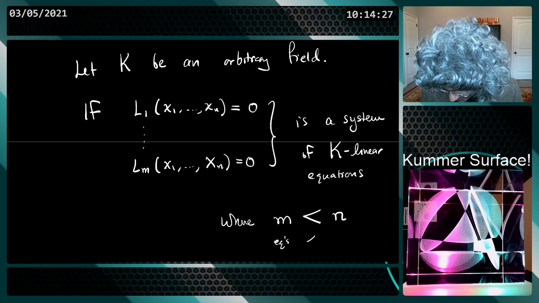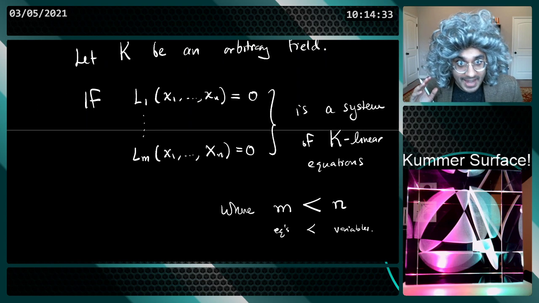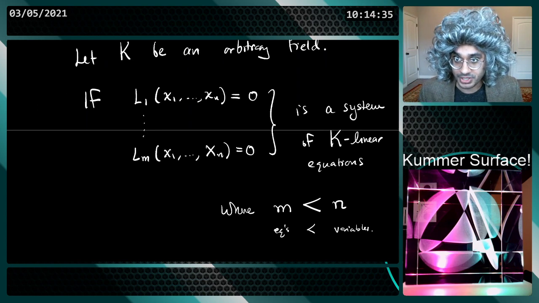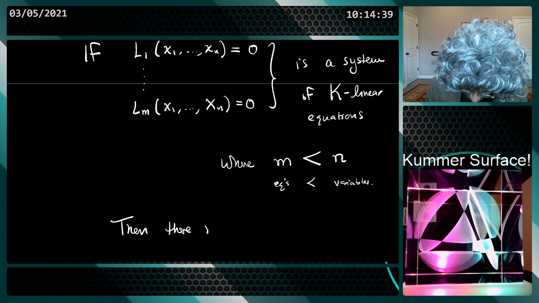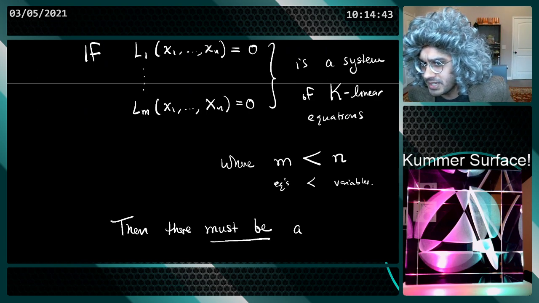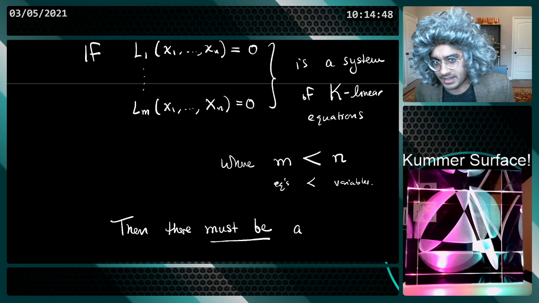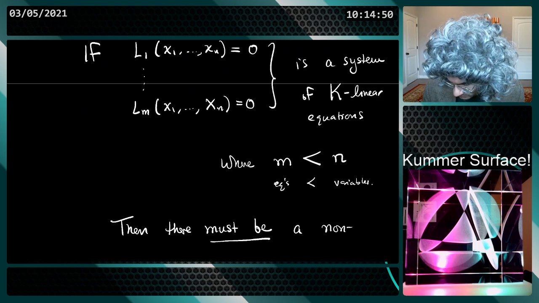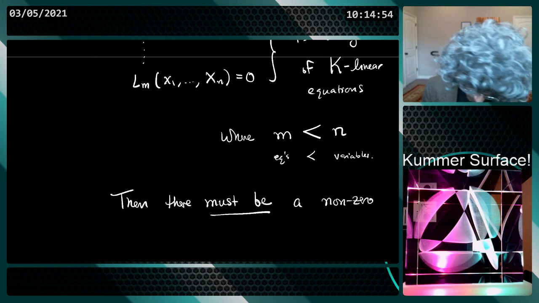Equations less than variables. Then there is a non-zero solution. Non-zero means not all of the xi's are the zero element in K. Some of them might be zero, but not all of them.